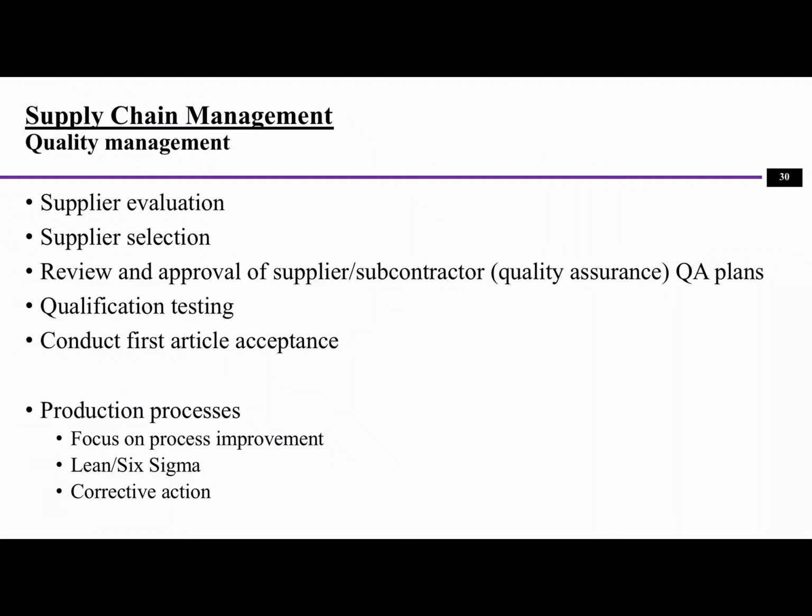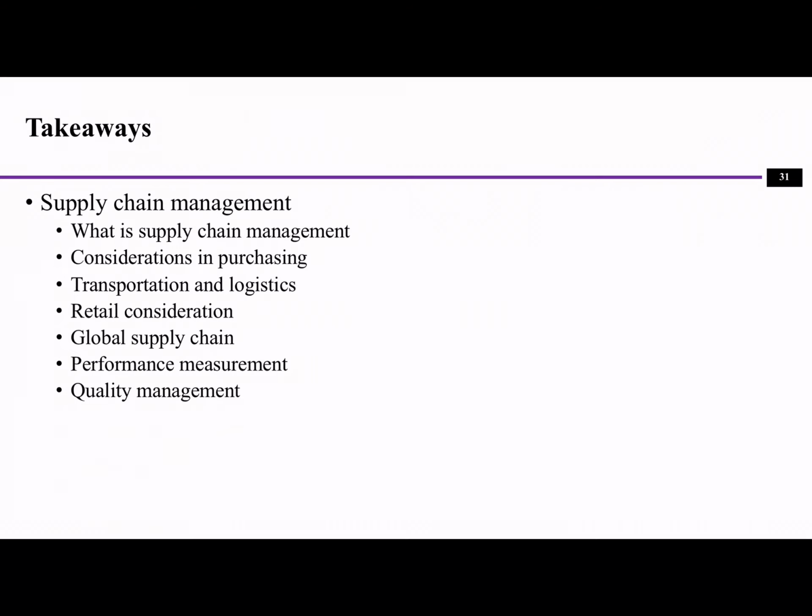Also, how quality management is embedded in production processes. So in the next lecture, I'm going to talk more about quality control in production companies. Then we'll discuss process improvements in Lean Six Sigma, and also the different programs related to quality management.